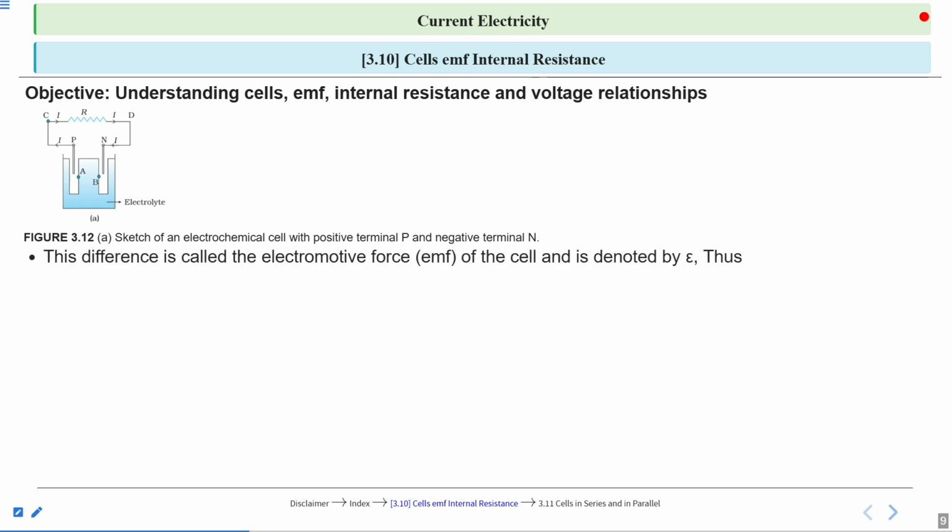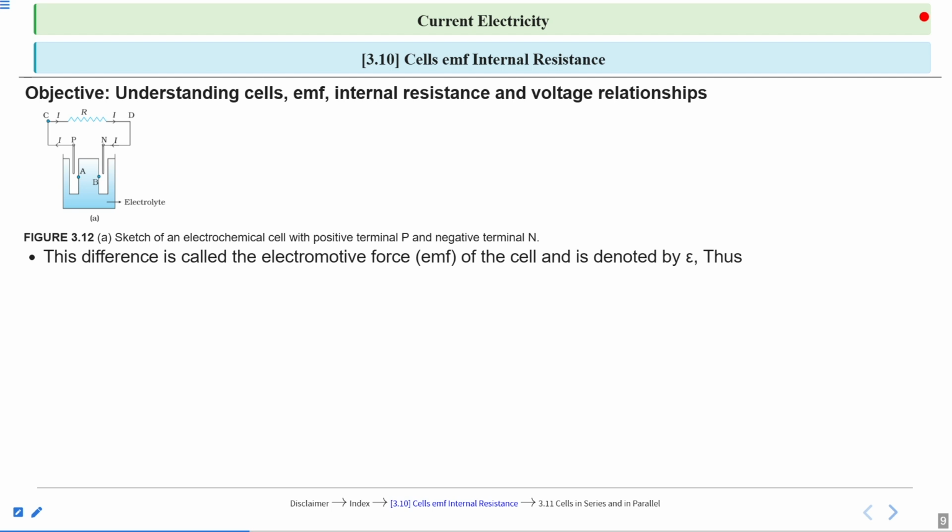We are going to use this diagram in the entire topic because the topic is based on this diagram. This difference is called electromotive force. The difference of potentials or voltages of both these electrodes is known as electromotive force.